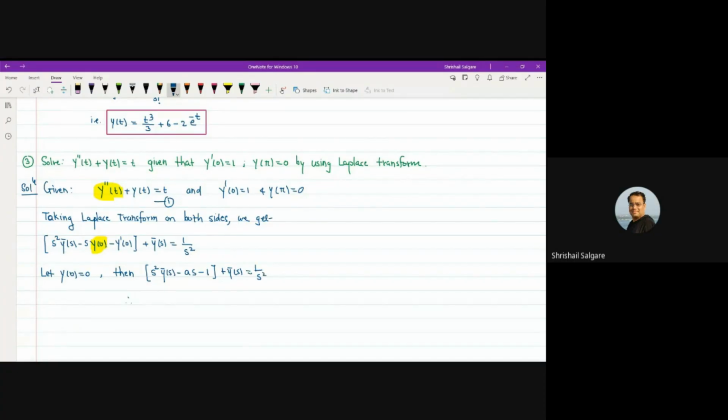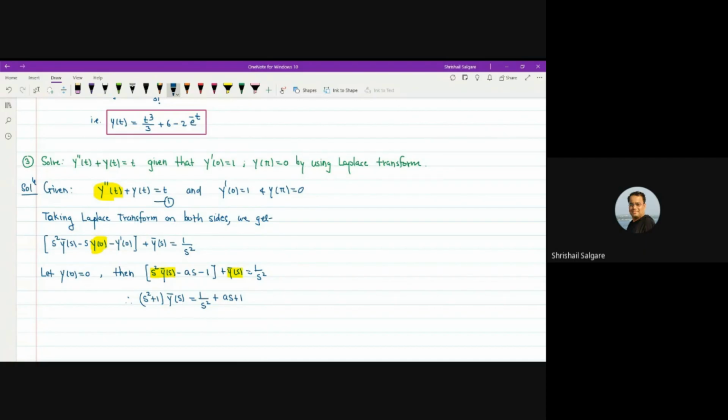Now again, I will collect the terms of y bar together. Taking these two terms together, this can be written as s square plus 1 into y bar of s equal to 1 upon s square plus a s plus 1.